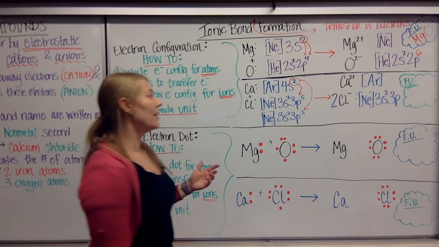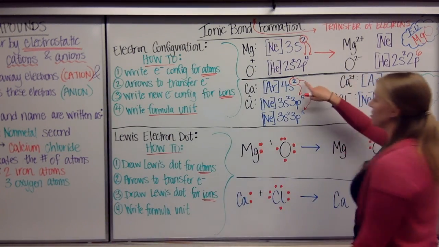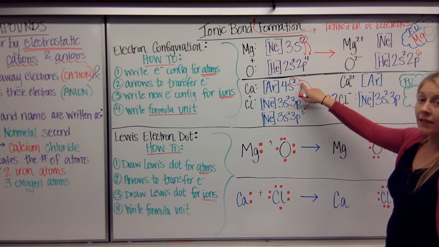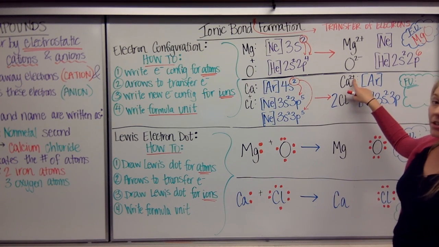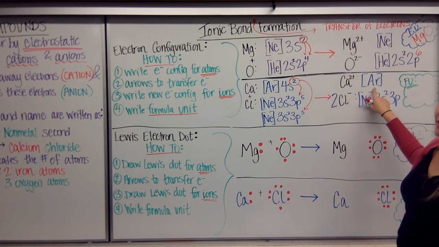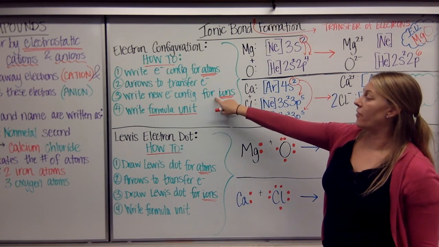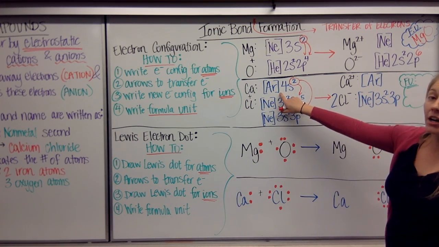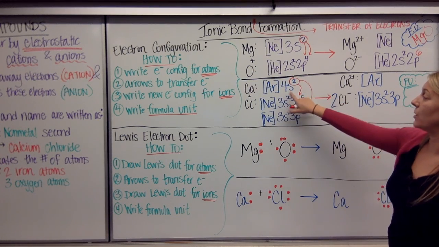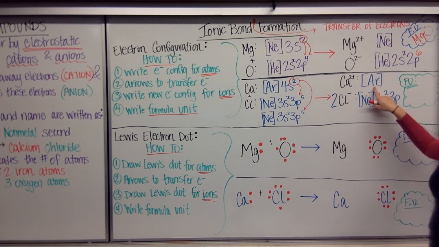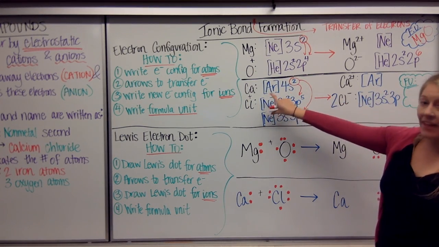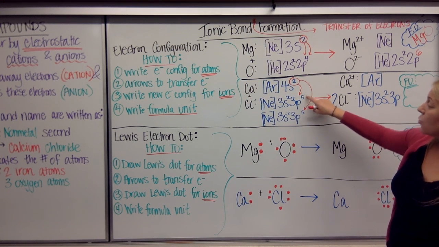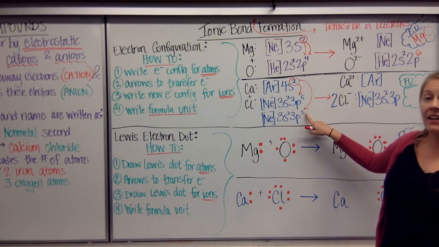All right? So we then have calcium, which again gave up 2 electrons, so calcium with a 2+ charge, and its new electron configuration for the ion is just argon, because it lost these 4s2 electrons. Chlorine, however, has the same configuration, except each one of these chlorines gained an electron.